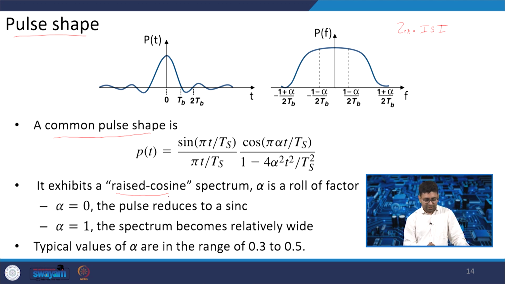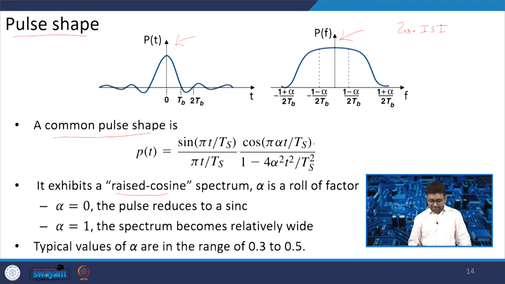The raised cosine filter is applied after the modulation, and this is the behavior of the raised cosine. In time domain it will look something like this, and in frequency domain it will be like this. In time domain we can write it in terms of sinc, sin(pi t/Ts) divided by (pi t/Ts), and it has a cos function.